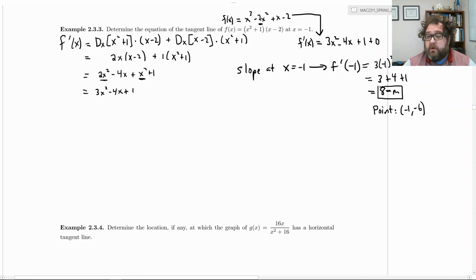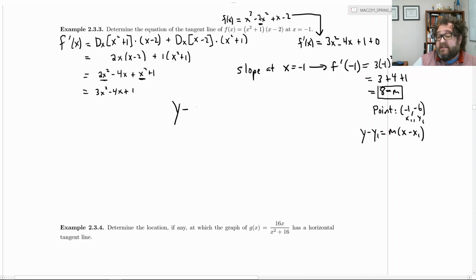Okay. So we have a point. We have a slope. And now we can use the point slope form, which is y minus y1 equals m times x minus x1, where that's x1 and that's y1. Okay, so we go over here and we say y minus y1.